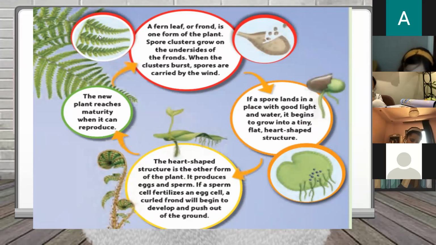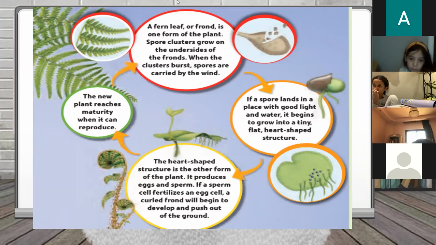A fern leaf is one form of the plant. Spore clusters grow on the underside of the frond. So when I ask you, where can you find the spores, up or under the leaf? Under the leaf.